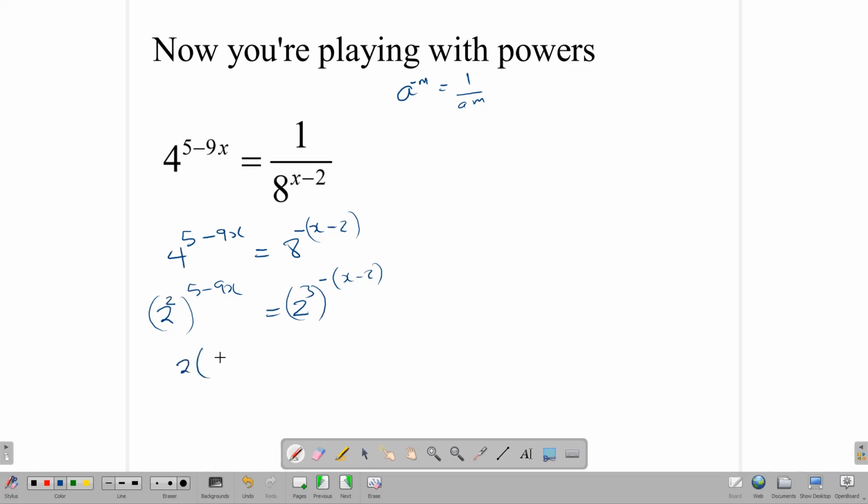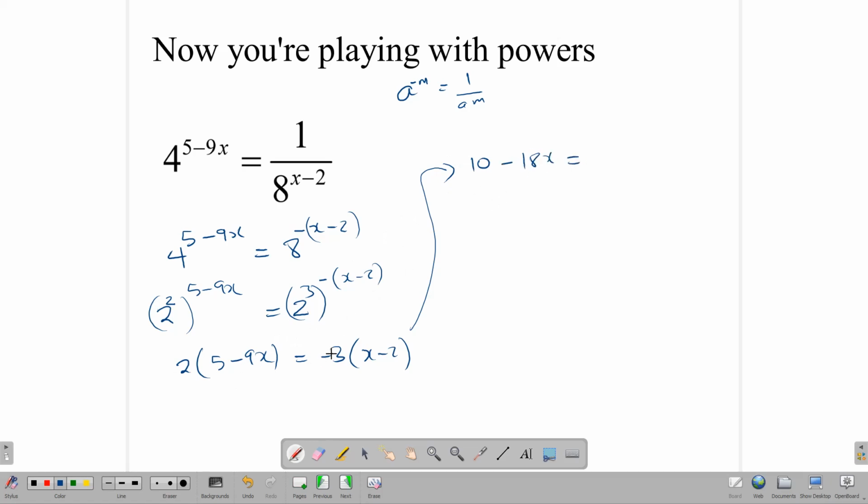Now, since they are both in the same base, we can equate the powers by writing 2 bracket 5 minus 9x is equal to negative 3 into x minus 2. And so we have an equation that we need to solve. So 2 times 5 here gives us 10. 2 times a minus 9x gives us a minus 18x.